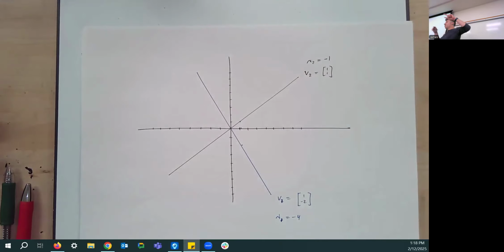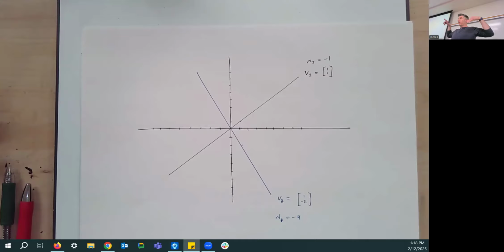Reminder, when the eigenvalues are negative, that means you're being pointed inwards towards the origin. As time goes on and on, your x value and your y value are getting smaller and smaller. Basically, this is the line of strongest attraction or strongest repulsion, meaning you always travel directly in the direction of the eigenline.